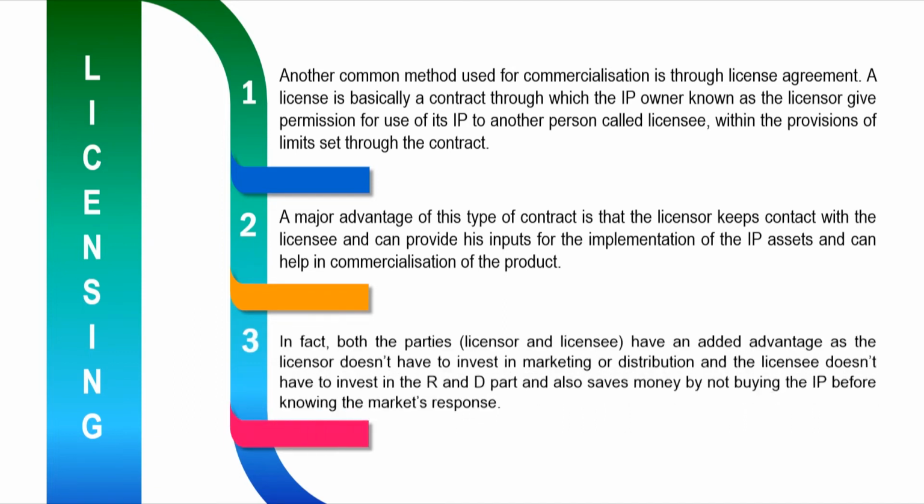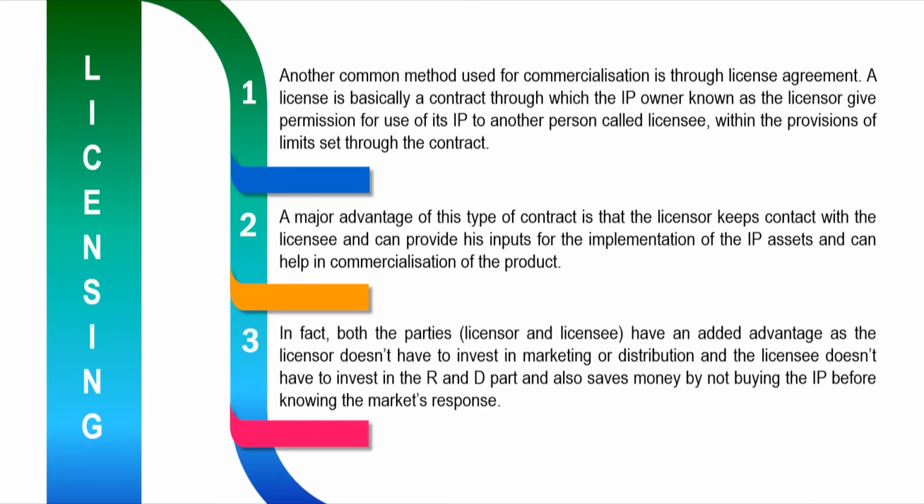In fact, both the parties have an added advantage, as the licensor does not have to invest in marketing or distribution and the licensee does not have to invest in the research and development part, and also saves money by not buying the IP before knowing the market's response.